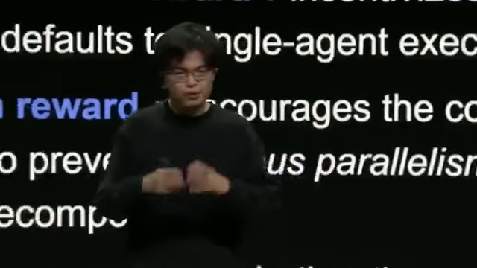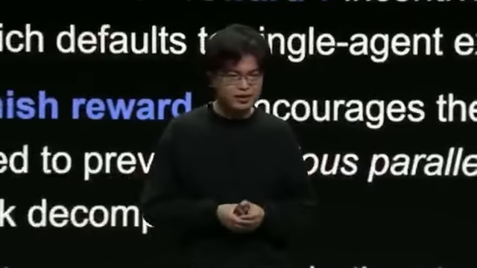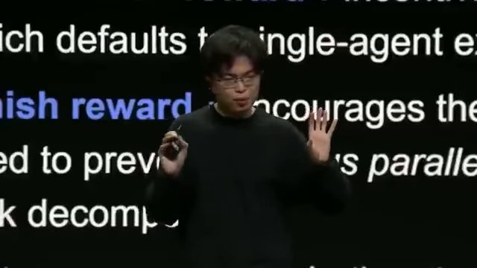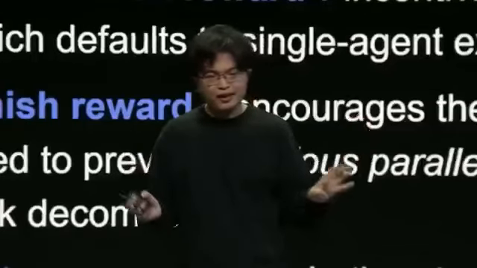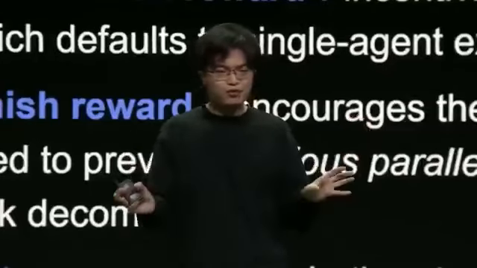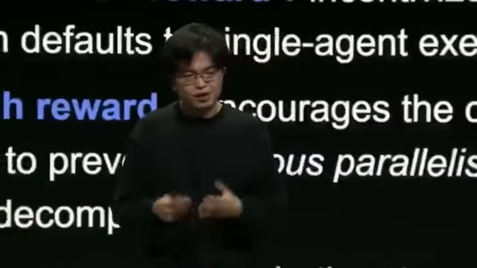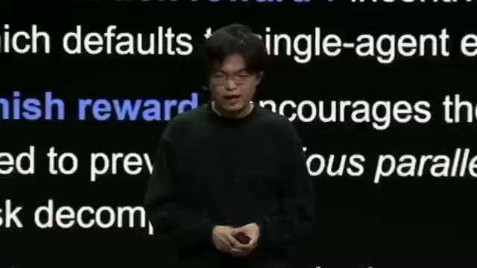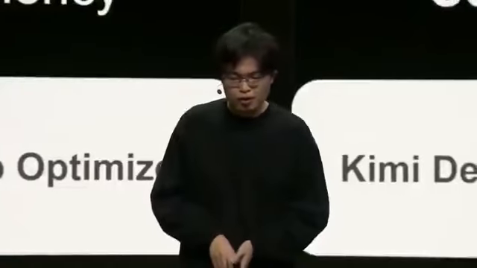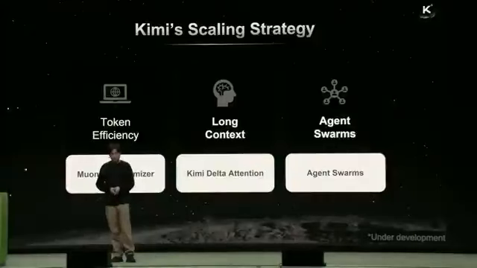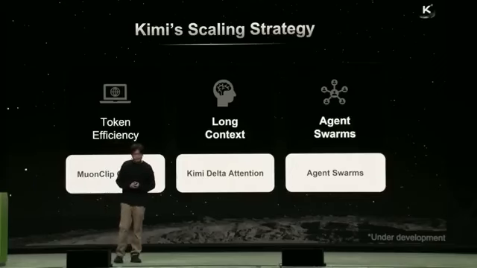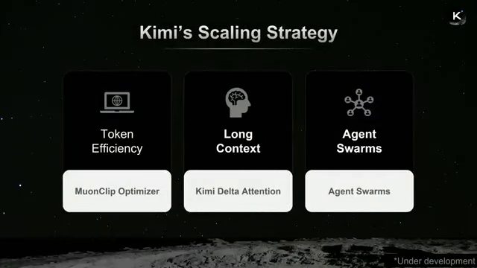And of course, we have to build the entire infrastructure, because right now you need to support parallel execution, and you need to support different reward functions, and maximize the efficiency of the entire agent swarm IO system. So here are 3 different things that we have tried scaling. The Muon Clip Optimizer improves token efficiency.